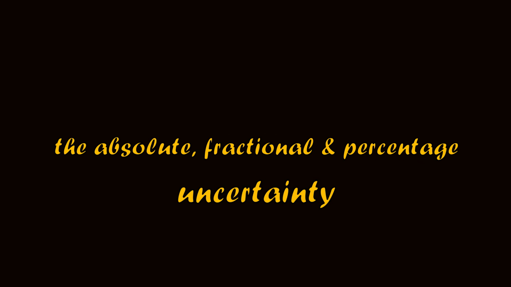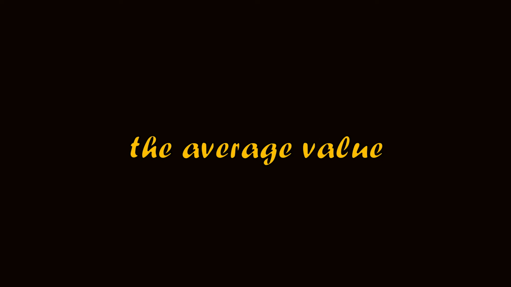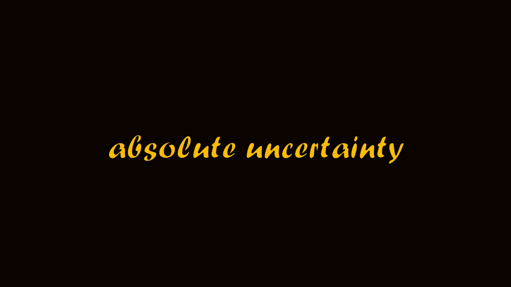So here's an example. We're told to calculate the absolute, fractional, and percentage uncertainty for the following measurements of a force. To solve this, we find the average value, which is 2.63 newtons. This is rounded to 2.6 newtons. The range in this case is 2.8 minus 2.5, which gives us 0.3 newtons, giving an absolute uncertainty of 0.15 newtons that rounds up to 0.2 newtons.